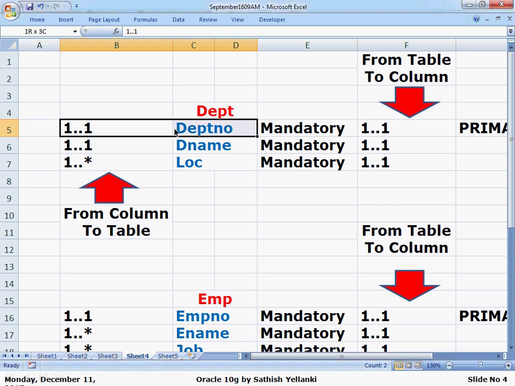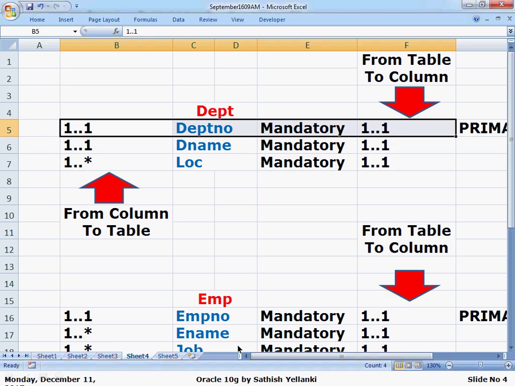This department number column, you watch carefully. From both the sides, what is its cardinality? 1 to 1. Within one table, I am making my thumb rules clear now. Within one table, there should be at least one column that is definitely containing 1 to 1 in both the directions.